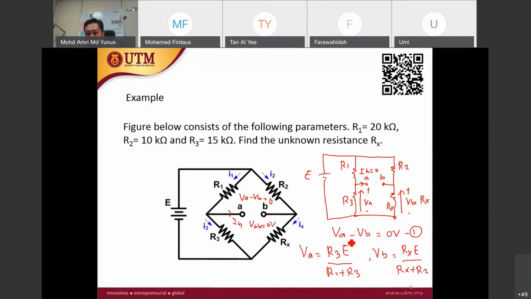So these are the three terms that are very important to use to find Rx.